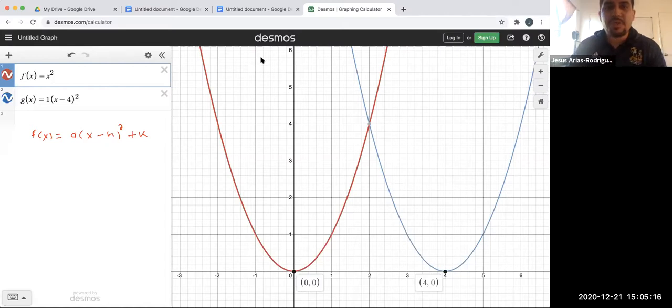If I choose, for example, a positive 4, let's say my h is positive 4, and I replace it into this equation, I take this h off and replace it with the positive 4, right? So we end up with the following expression. We have a times x minus positive 4 to the power of 2 plus k.